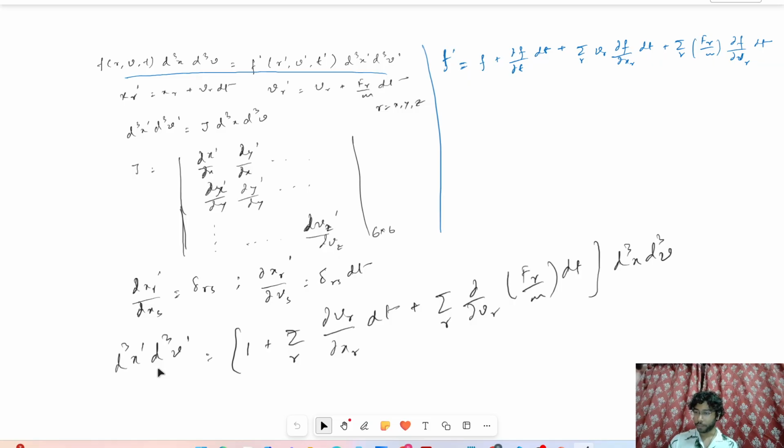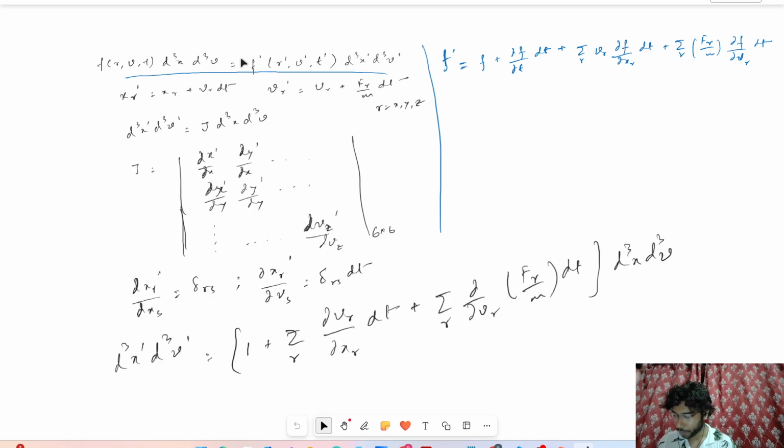Now we will actually put the expression. We'll replace f prime with this value, and we'll replace d3x prime d3p prime with this, right?